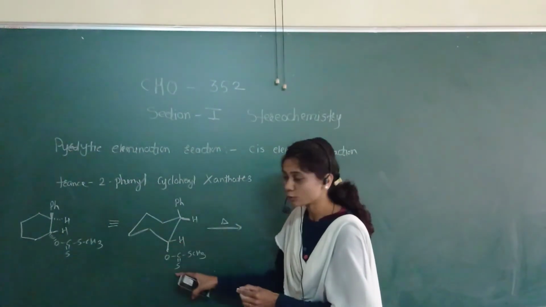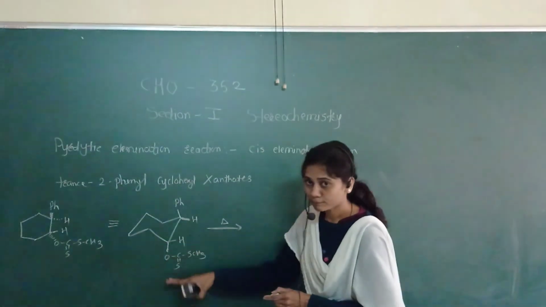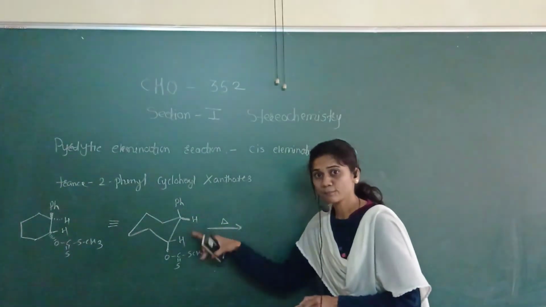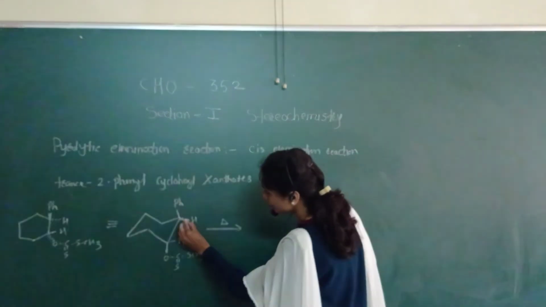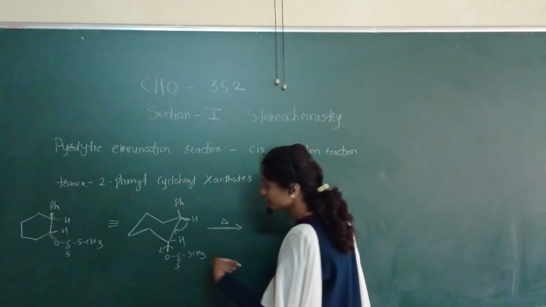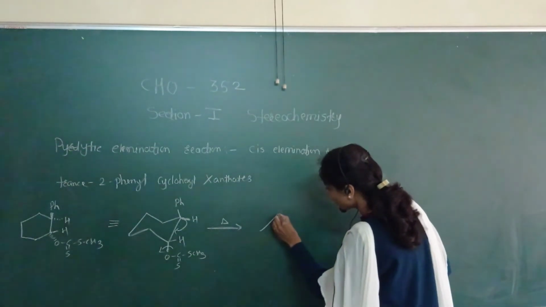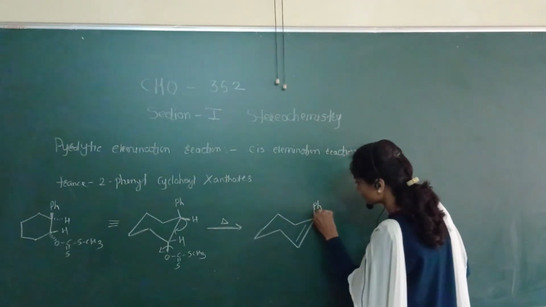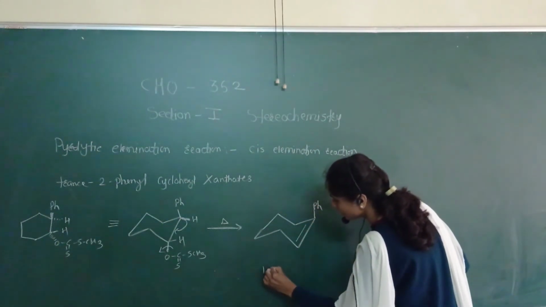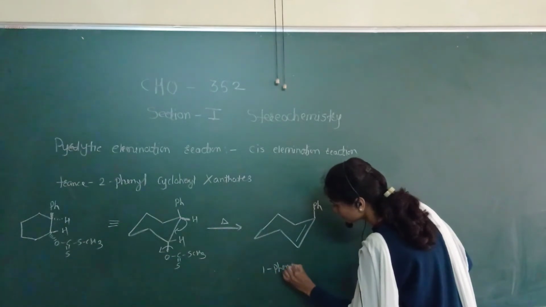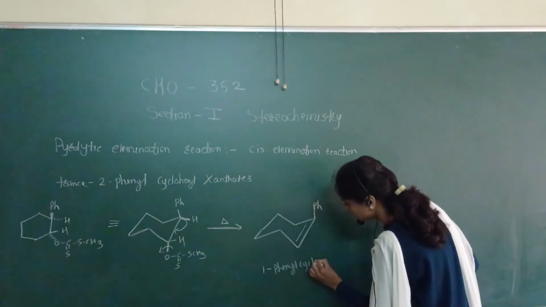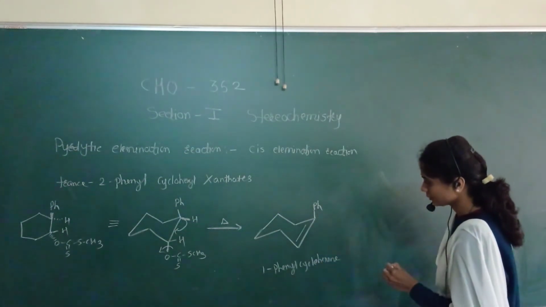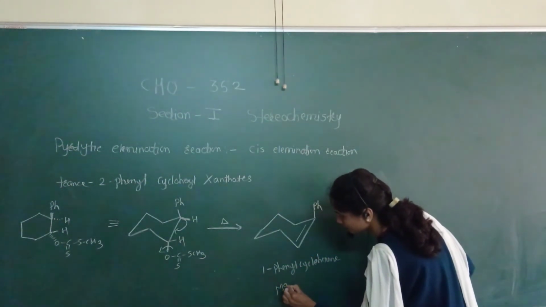This xanthate group is axial but it is below the plane, and this is an equatorial hydrogen but it is also below the plane, hence both are cis to each other. Hence under heating condition we get a product like an olefin or carbon-carbon double bond. Here is the phenyl group, and it is 1-phenyl cyclohexene, 1-phenyl cyclohexene as the major product.